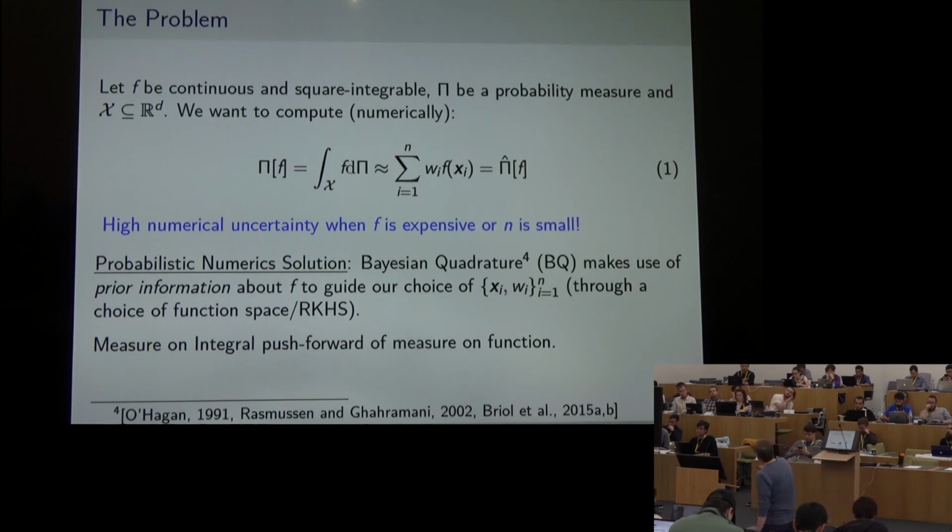And the posterior mean function for n evaluations just looks like this here, which again is exactly what you saw this morning.